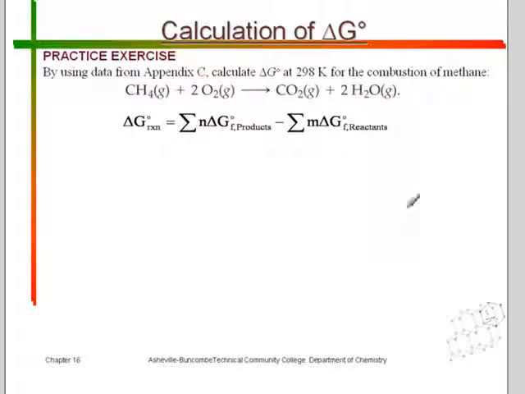Now the last problem that I want to do is actually a quantitative problem, and it's dealing with how you calculate delta G. There's a variety of ways. We'll see all of them, but this equation by far is one of the most useful ones. And I'll just go ahead and tell you, there is a corresponding equation for both enthalpy and entropy that looks very similar to this.